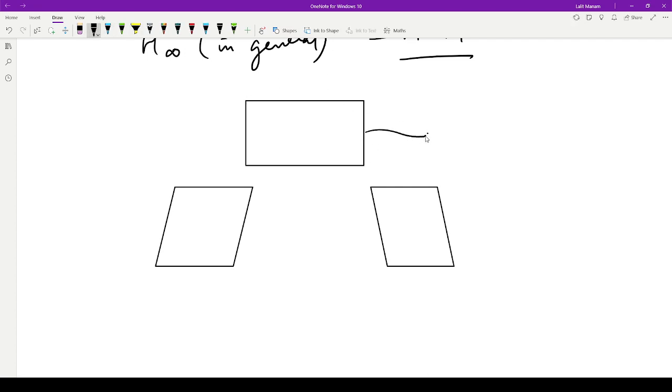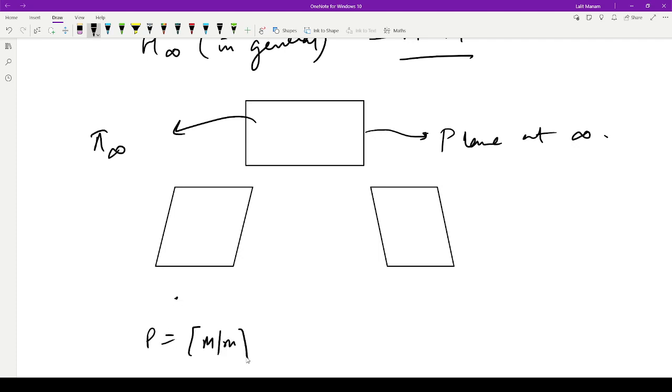So what I will do is I'll call this the plane at infinity. How do the points at the plane at infinity look? The last one will be zero.